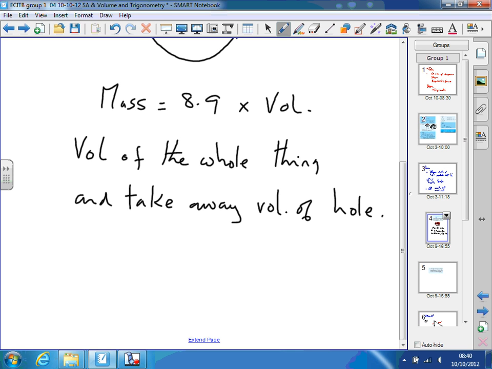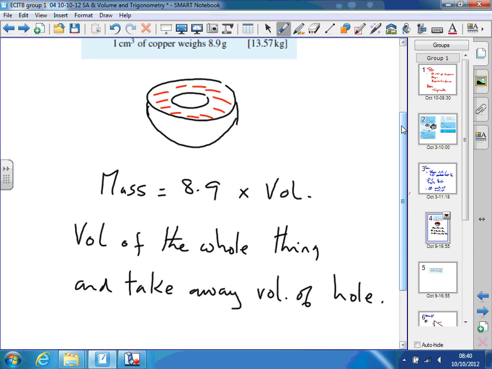I could maybe have written that better, but does everybody see what I'm saying there? Can you visualize this thing, some sort of copper container, which is hemispherical, and it's got a hole in it?